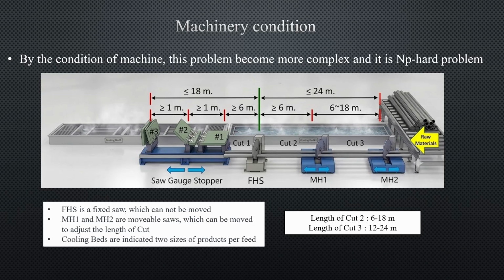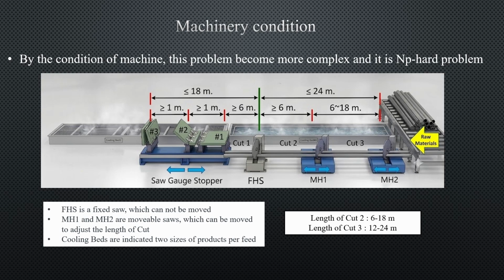However, the combined product length processed by both movable 1 and movable 2 cannot exceed 24 meters. Furthermore, the initial and final sections of each feed, the head and tail cuts, are treated as scrap and must be processed using the stopper and the fixed saw.